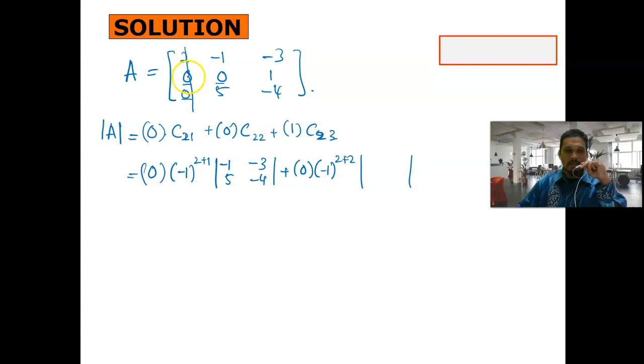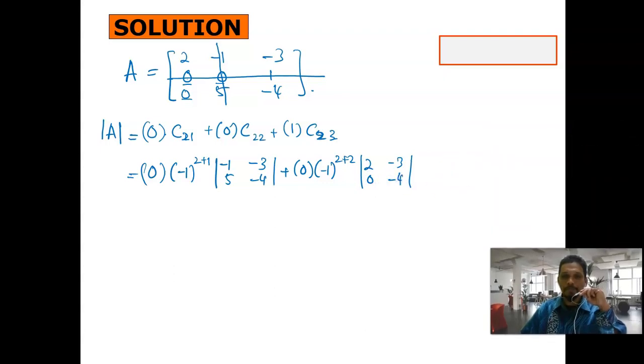Okay, we delete the element in second row and second column. So what's left here now? We got 2, -3, 0, -4.